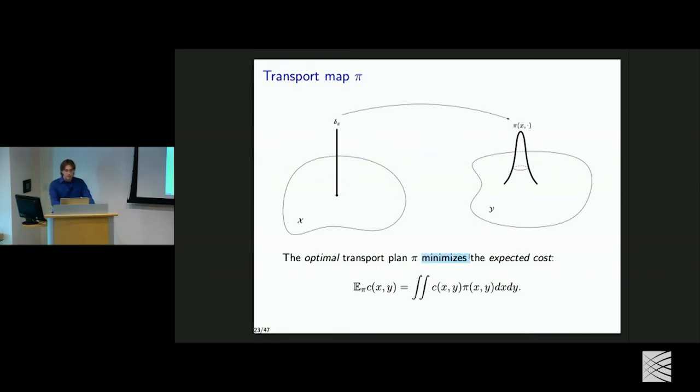In particular, it minimizes the expected cost for some cost function. For gene expression profiles, if you have some gene expression profile X and gene expression profile Y, there's some function C of x, y, for example squared Euclidean distance on gene expression space, that tells you how costly it is to transport.